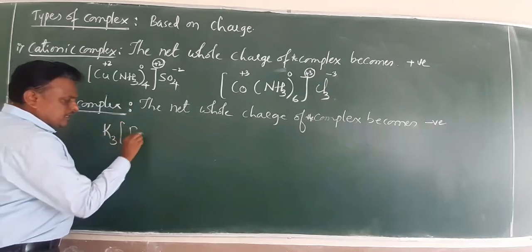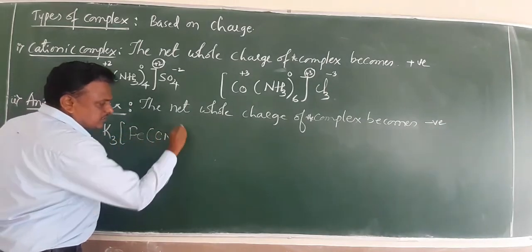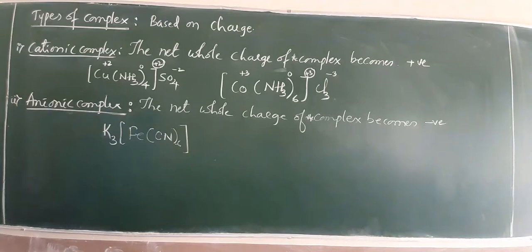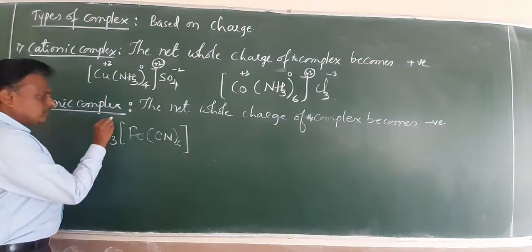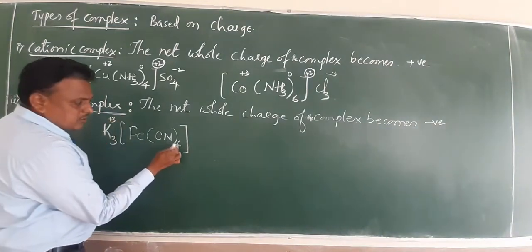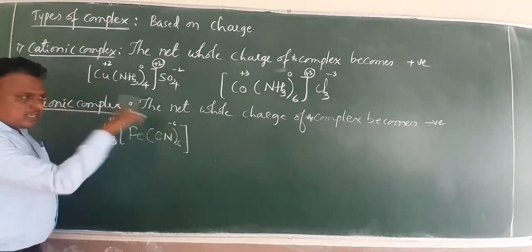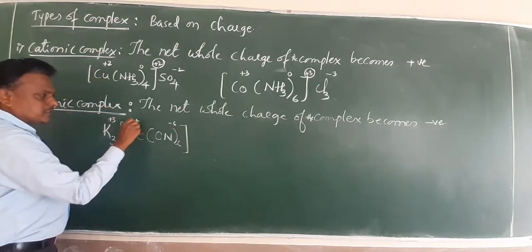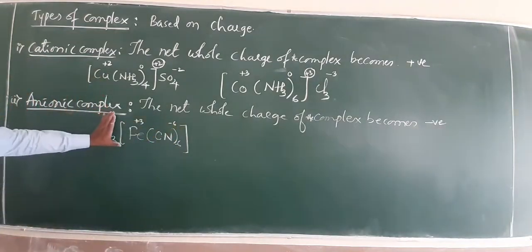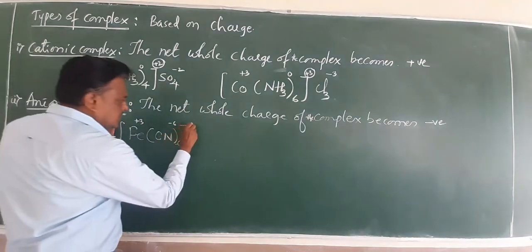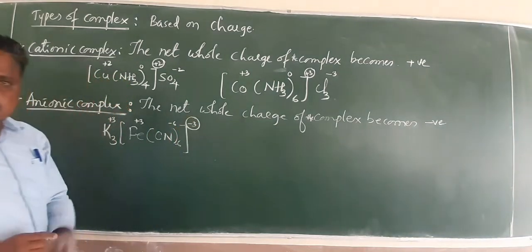Example: K3[Fe(CN)6]. Easy to calculate. Potassium 3 times plus 1 is plus 3. Cyanide is minus 1, six of them, there is a minus 6. Net becomes 0. Obviously iron is plus 3. Net becomes 0. Inside the coordination sphere, this is minus 3. This is an anionic complex.